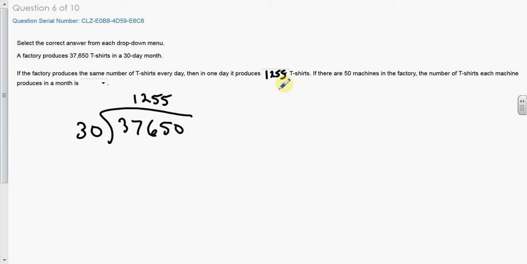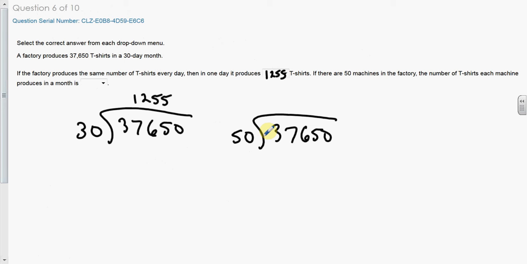And then it says, if there are 50 machines in the factory, what is the number of t-shirts each machine produces in a month? Well, we know in a month it produces 37,650. So how many t-shirts can 50 machines produce?